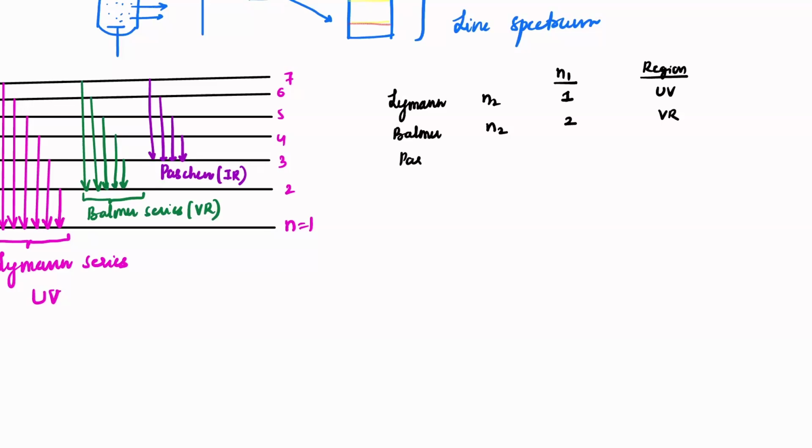The Paschen series is n2 all the way to 3, and this is infrared. Next is the Brackett series, n2 to 4, again infrared. Last is the Pfund series, any higher n2 to 5, again infrared. This is what has been observed.